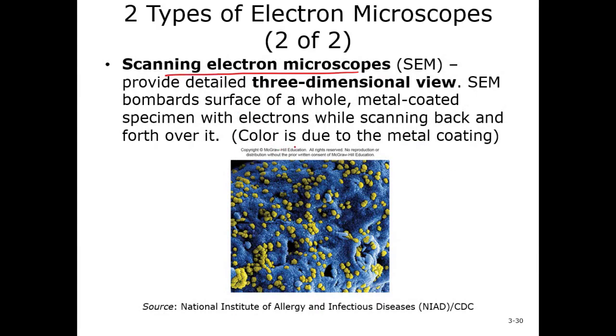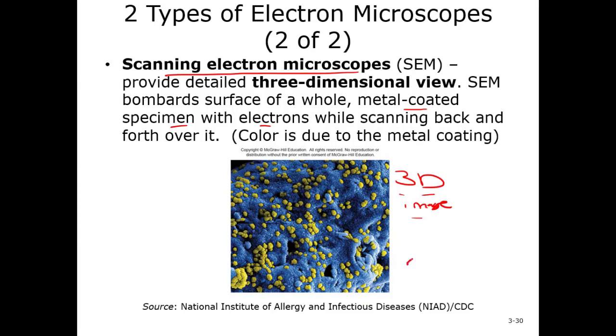With scanning electron microscopes, you can get a 3D image. This technique uses a metal-coated specimen with electrons, and you scan back and forth over the specimen to get a really detailed 3D image.